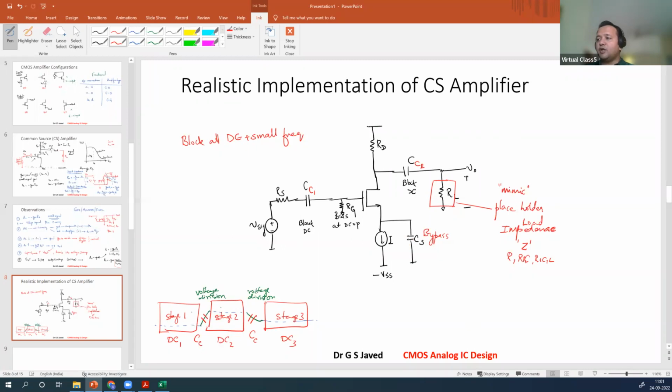All the high frequency signals get shorted, and all the low frequency plus DC get blocked, or it is open for them. So this is why you bypass the small signal frequency, such that they don't impinge on the operation here. And this is the current source that you have here to refer.